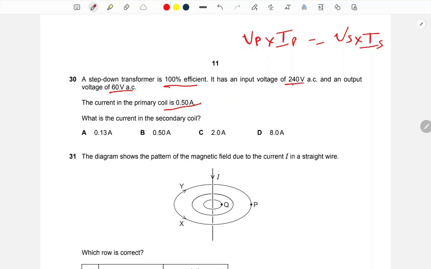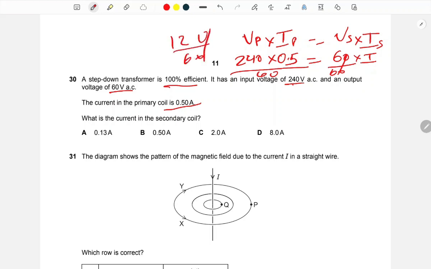So let's just substitute those values. Input voltage, that's 240, times the current in the primary coil, which is 0.5, is equal to 60 times I. So now we divide both sides by 60. 240 times 0.5 gives us 120 over 60. That's basically 2 amps, which is going to be C.